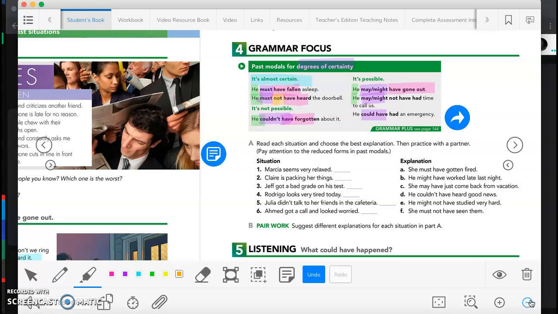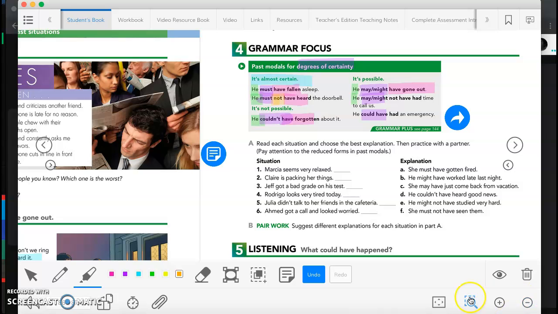Teacher, don't forget to say "must" is definitely, and "may" and "might" and "could" is possibility.